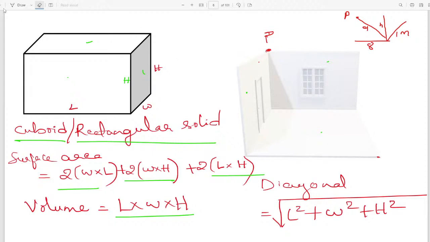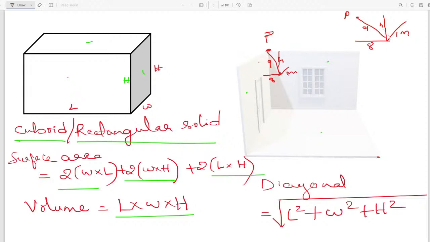So the fly is somewhere here. Like if I draw a line from the fly somewhere here, from this wall it is 1 meter, from this wall it is 8 meters, and from here if you draw a line like this, it is 9 meters, and from the roof they're asking the height, at what height the fly is.